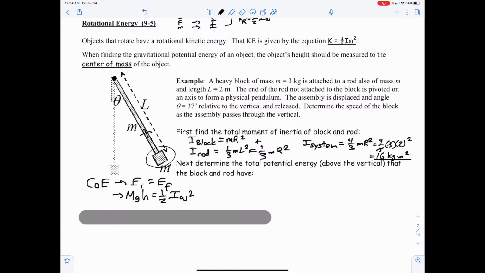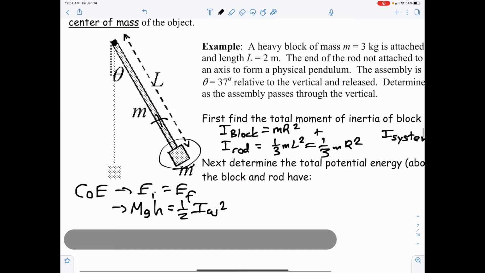Now, the first thing I'm going to tell you about h is, this is the height of the block, that little height right there. So L is the entire length of the pendulum, and the pendulum is going to go all the way down here too, which makes that the adjacent side of L, or L cosine theta.